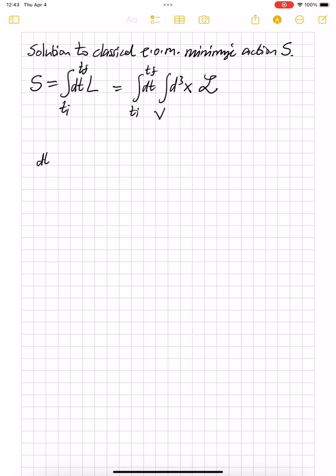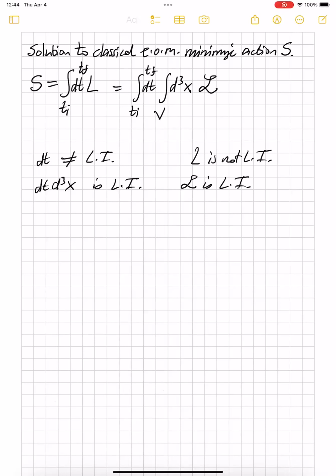Let's just remind ourselves dt is not Lorentz invariant, but dt times d3x is Lorentz invariant. So that means the Lagrangian density is Lorentz invariant, whereas the Lagrangian is not Lorentz invariant. And we prefer to work with something that's Lorentz invariant, so we prefer to work with the Lagrangian density.